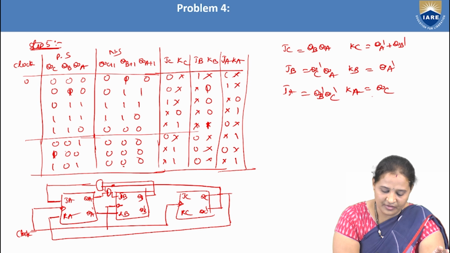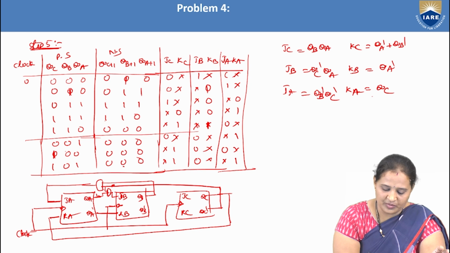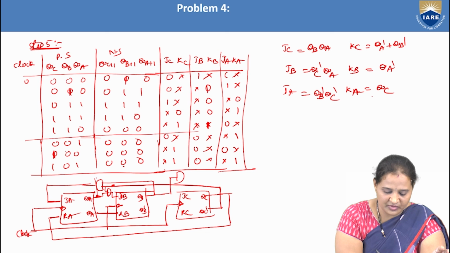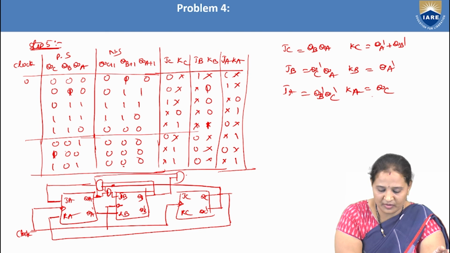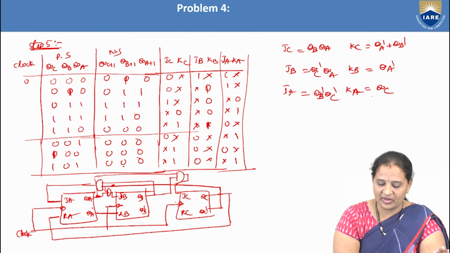So here we have QA, QB, and we have QA also. From this I am taking QA and giving it to this one. This is JC. Whereas KC is QA complement plus QB complement.